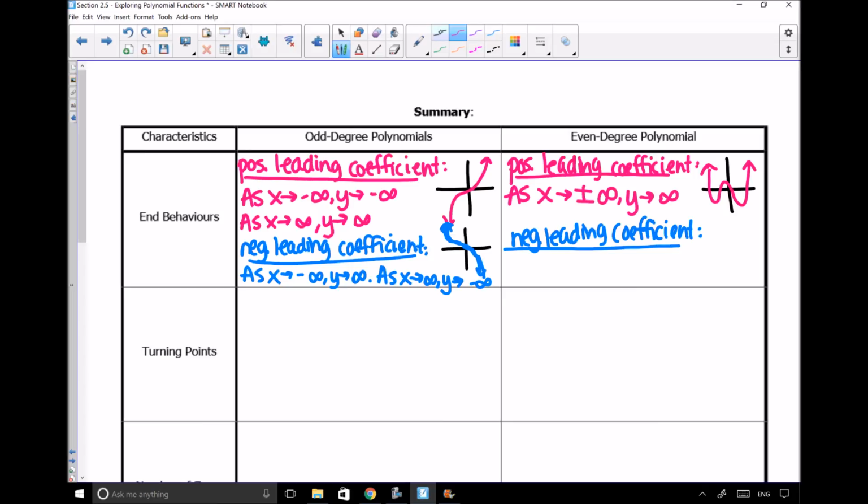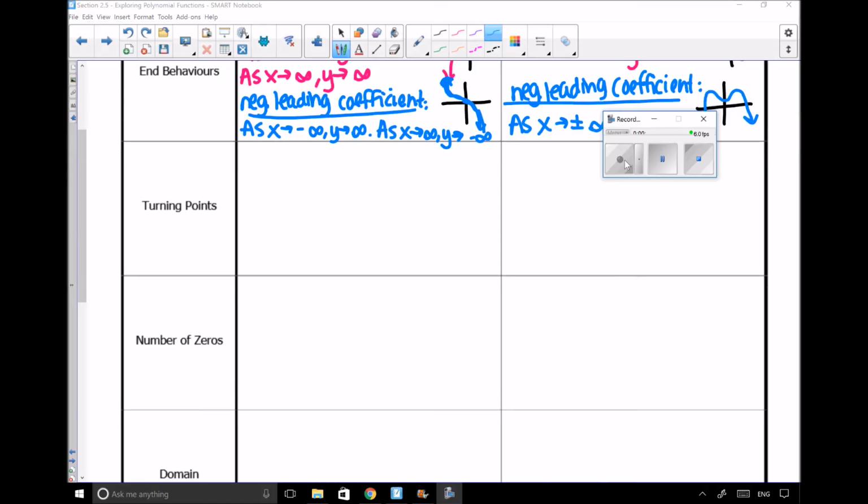But if we have a negative leading coefficient, we know that our graph will look more like this right here. And we can say that as x approaches positive and negative infinity on both sides, this time y is approaching negative infinity.